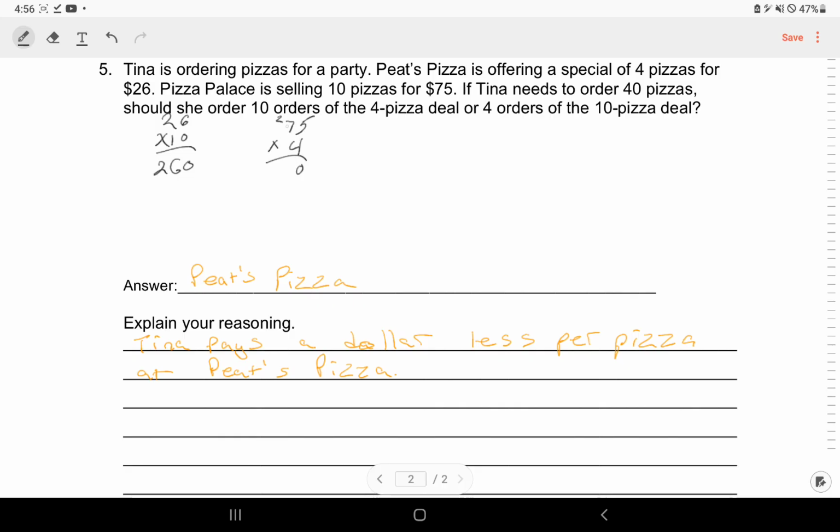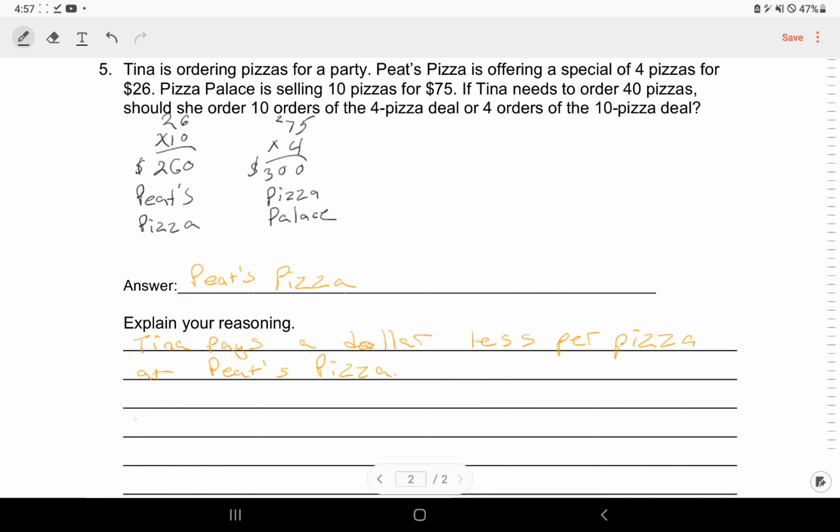Well, that's 0, carry 2. 28 and 2 is 30. So, $260, $300. And this would be Pete's. And this would be Pete's Pizza. Sounds like a Little Caesars slogan. And this would be Pizza Palace.